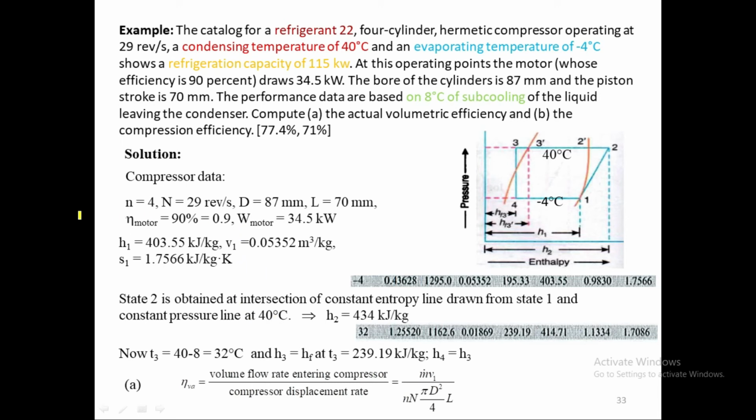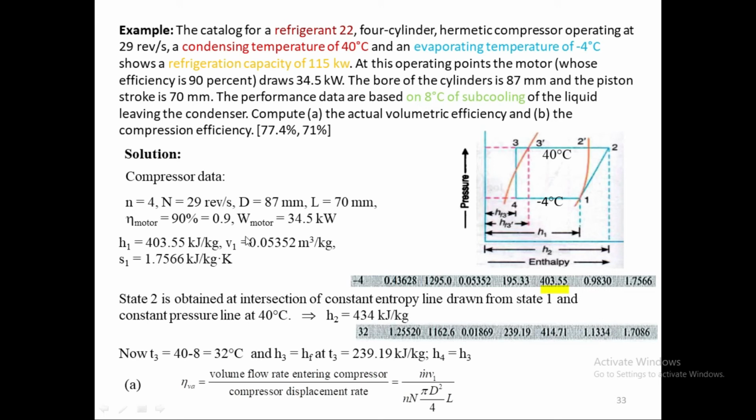So as you can see, H1, which is Hg at 40 degrees at minus 4. So it is minus 4 right here, and Hg will be 403 here. So 403, right, this amount.